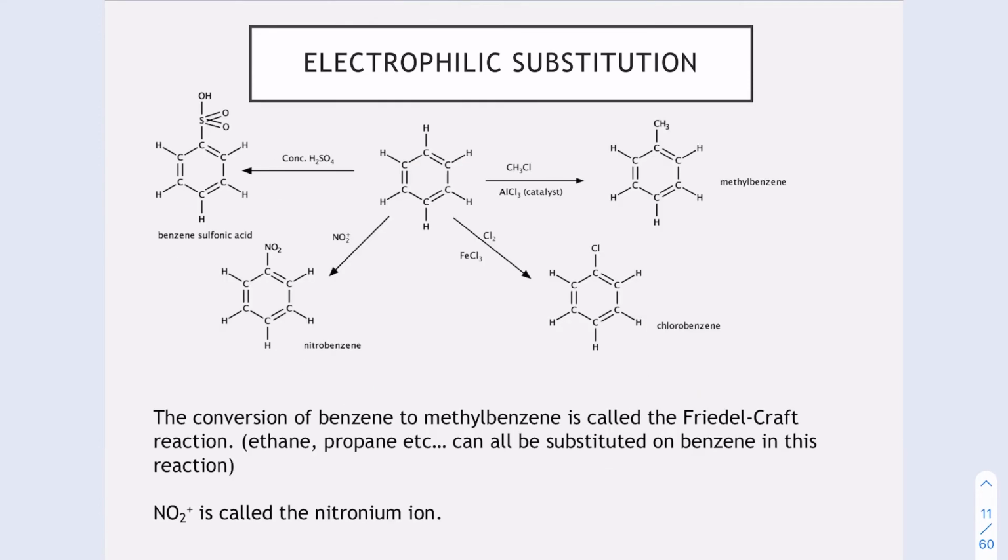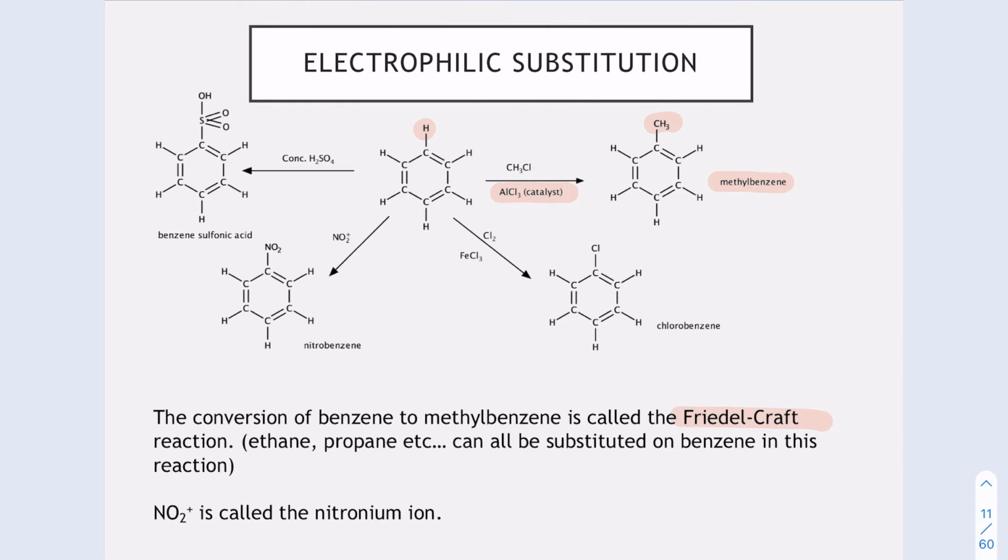Here we have a couple of different examples. We're going to start with methylbenzene at the top. We add aluminium chloride as your catalyst to substitute your hydrogen for your methyl group. At the bottom, this is called the Friedel-Crafts reaction. It's just a fancy term we call it. So ethane, propane can all be substituted on using this same method.